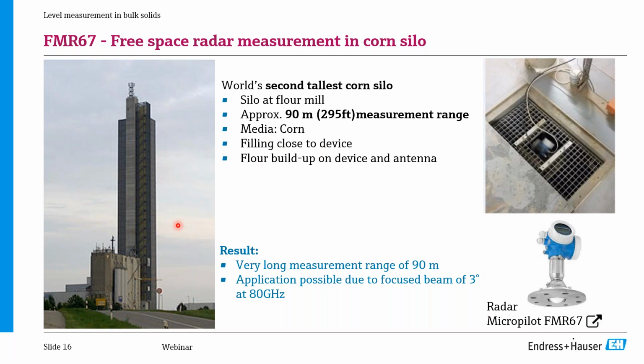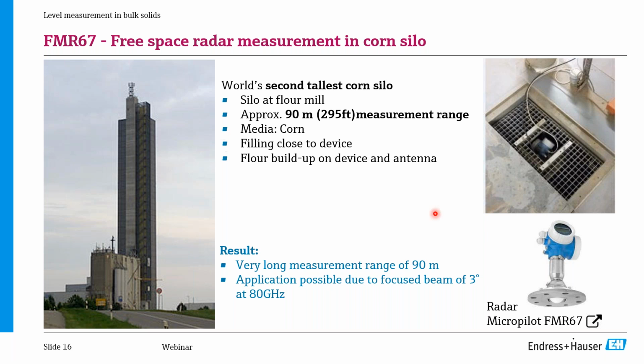And this was only possible because the new generation of radars has a very focused beam of only 3 degrees. Okay, so if we reduce the measuring angle, we can make sure first that all the energy is really focused and narrowed in one point. And when the signal is coming back to the device, you won't have it spread. You don't have a lot of spread to the sides, and you can have a very good signal evaluation after that.